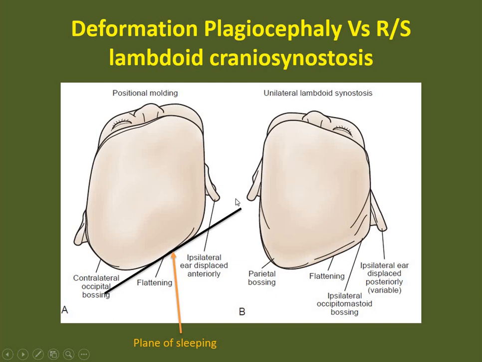Here is the parietal bossing due to fusion of the lambdoid suture on the right side. Therefore this part is bossing, and you can say this anteroposterior diameter is more and this is less. Here it is almost the same, it's just got a rhomboid shape, right? And this has a trapezoid shape.